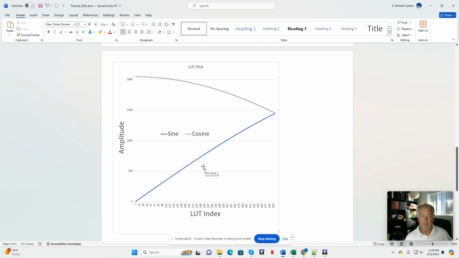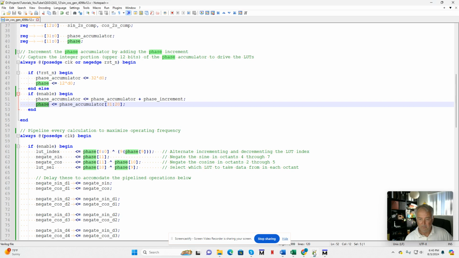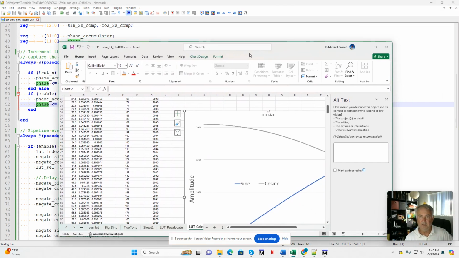And we are going to combine these to create the full cycle of both a sine and a cosine. There's a little bit of magic to creating that table, so I'll pop into Excel and show you what that magic looks like.